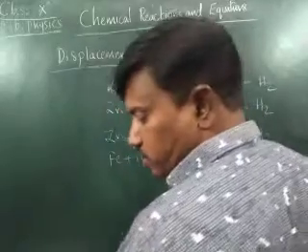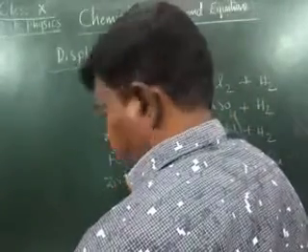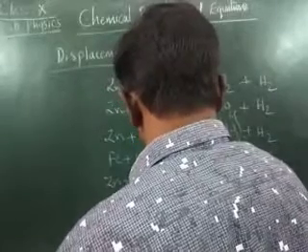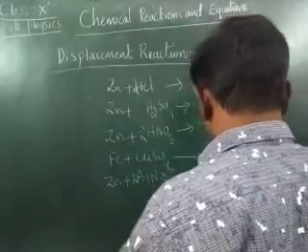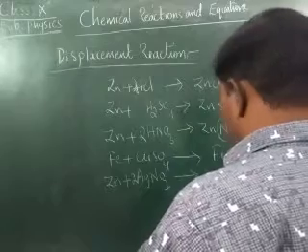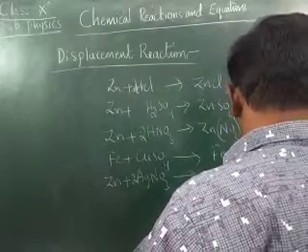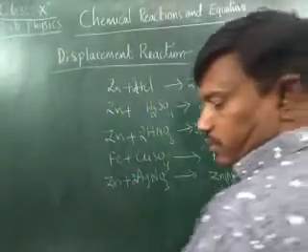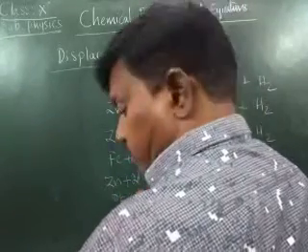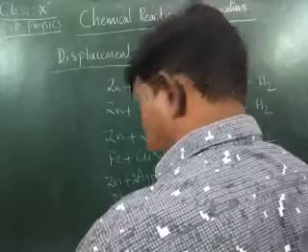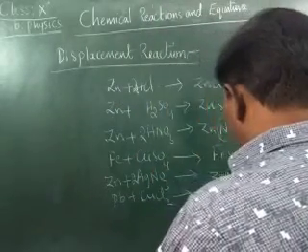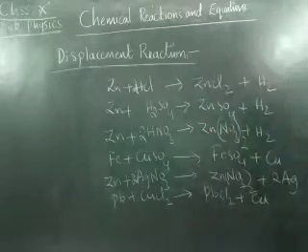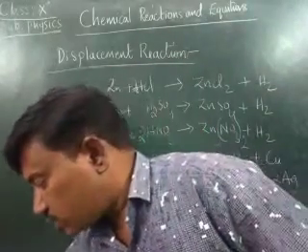In the same way, zinc reacting with silver nitrate, AgNO3, gives zinc nitrate and silver is separated. Lead reacting with copper chloride gives lead chloride and copper is displaced. Okay children, these are some of the reactions.